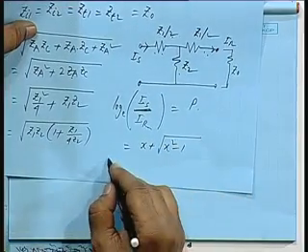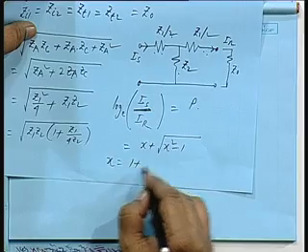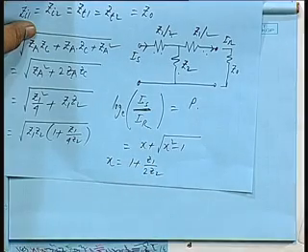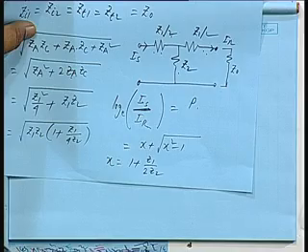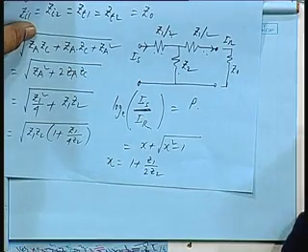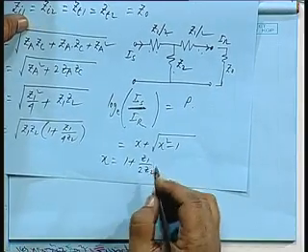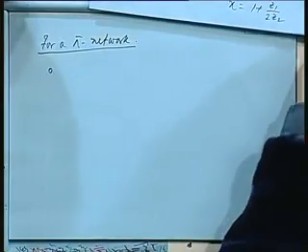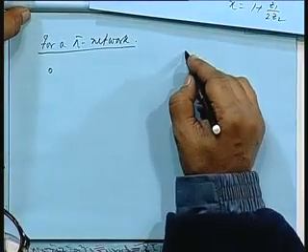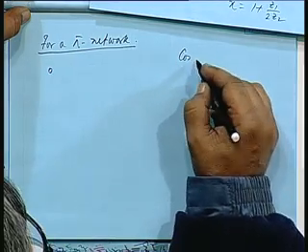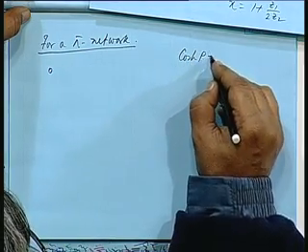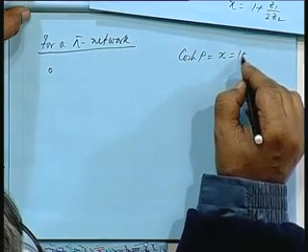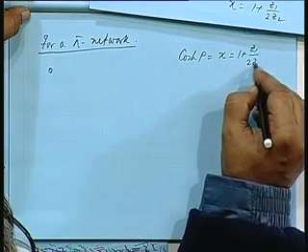This kind of expression we got, where x is 1 plus Z1 by twice Z2. Okay. So this expression that we got last time gave me cos hyperbolic of p is equal to x, and that is equal to 1 plus Z1 by twice Z2.